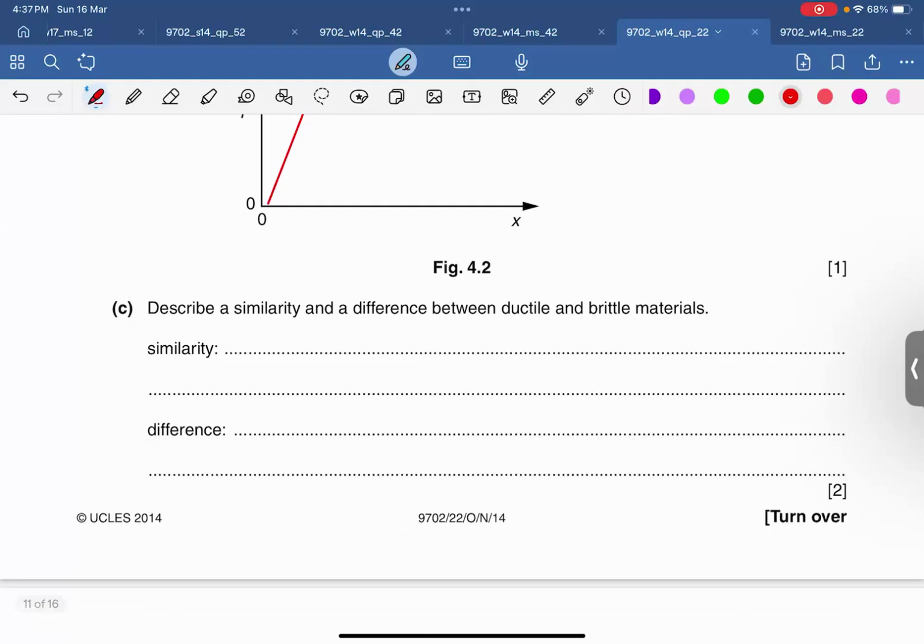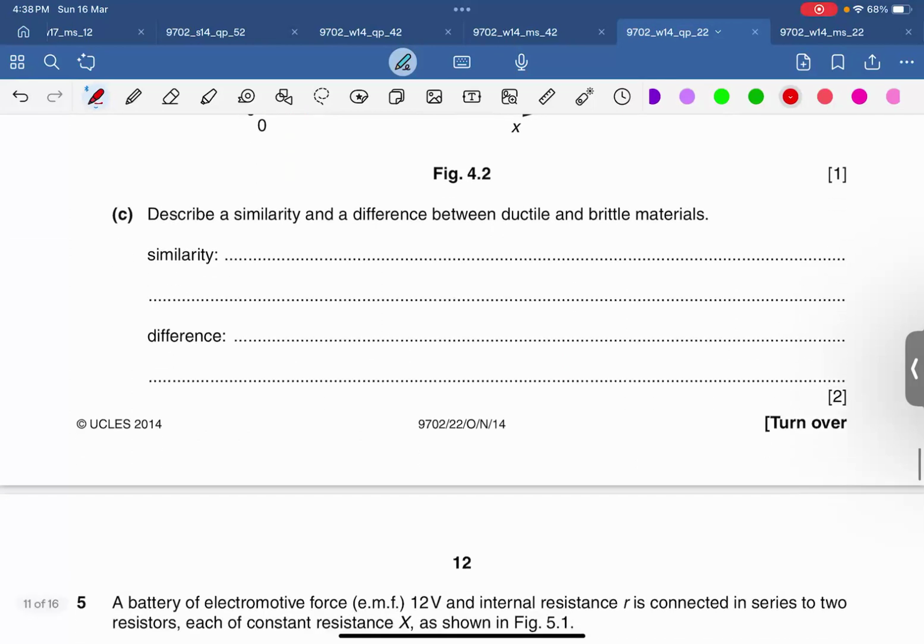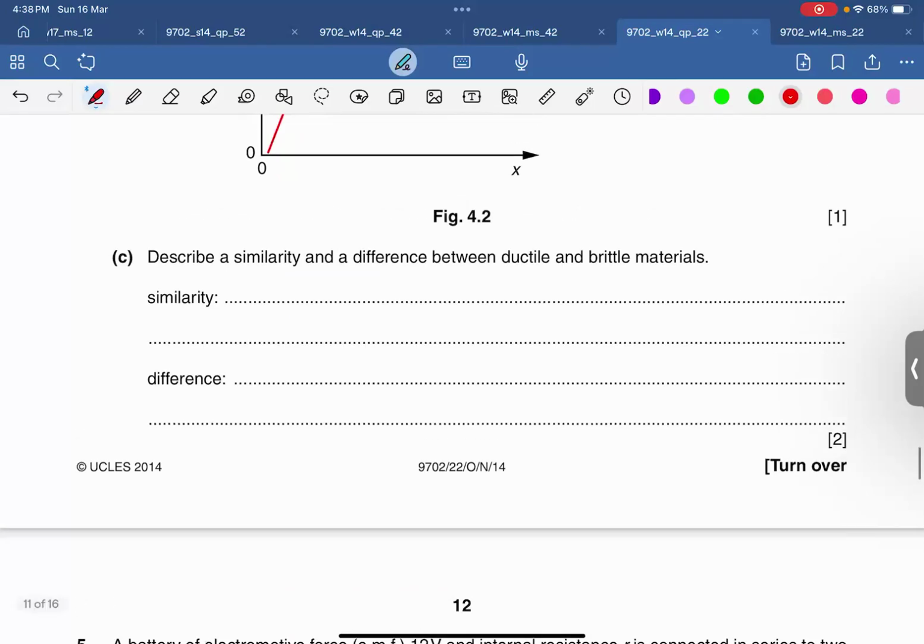Ductile and brittle both obey Hooke's law till the limit of proportionality, and जो difference है, ductile will break away after the limit of proportionality, but brittle. अच्छा जी, लिख लेते हैं.